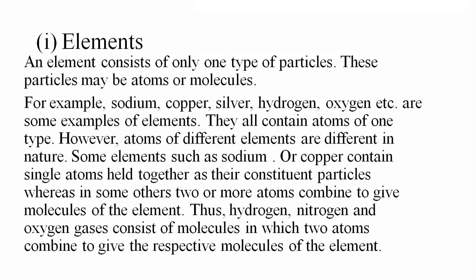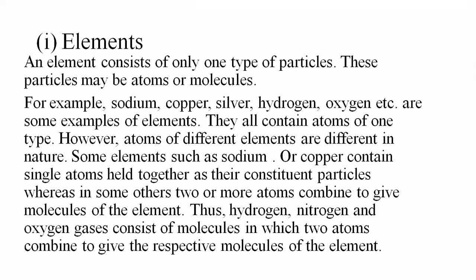If you take an example of hydrogen, it will have all H2 molecules only. If you take the example of iron, it will have all iron atoms only. So it is made up of only one kind of atoms or only one kind of molecules. They are said to be elements. Yes, the particles may be atoms or they may be molecules.